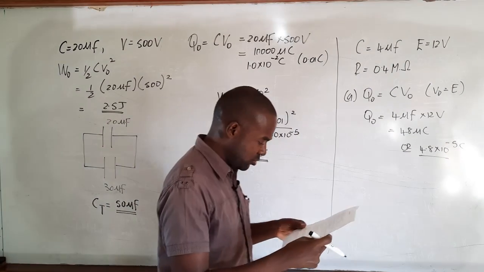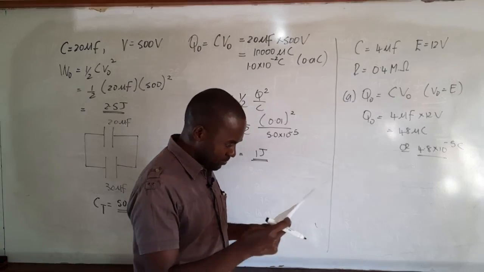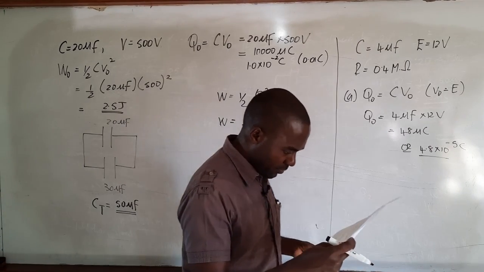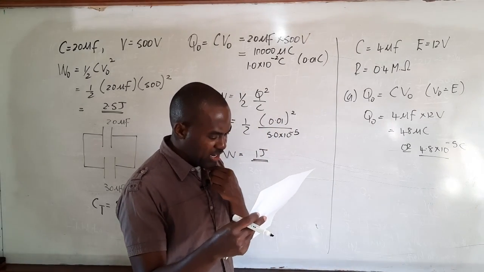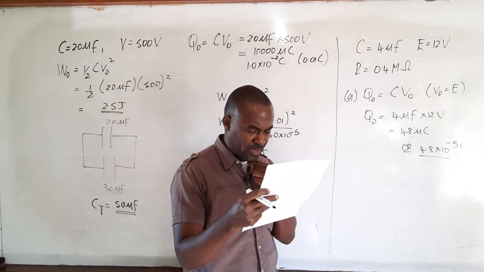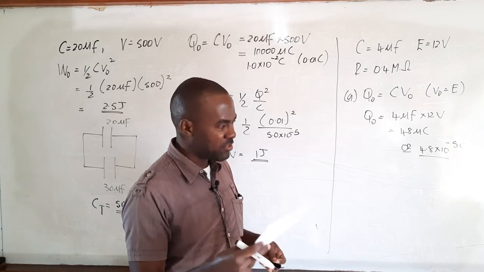That is the initial charge stored. Now, the next part of the question wants us to find the charge on and the PD across the capacitor 2 seconds after it starts to discharge.